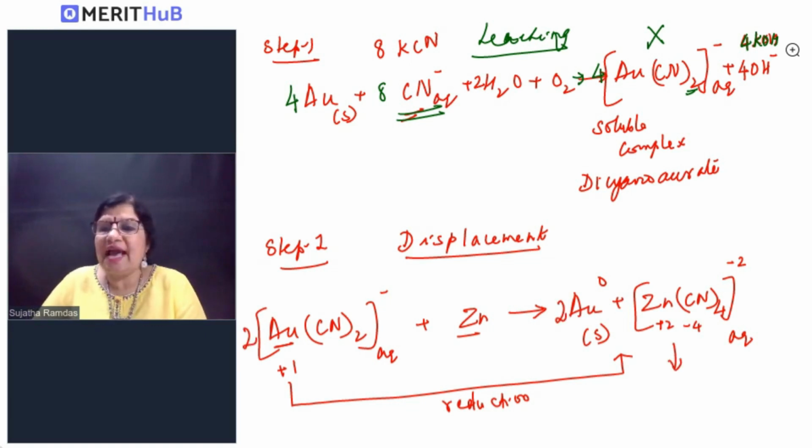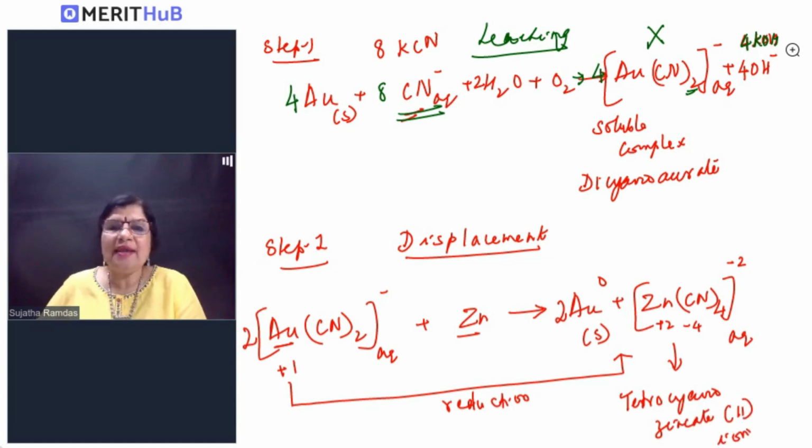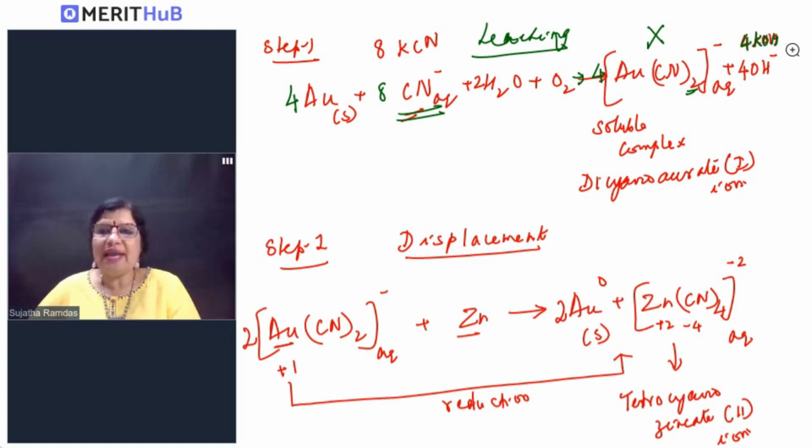So we call this tetracyanozincate 2 ion. The other one would be dicyanoaurate 1 ion. You have learned how to name the complex ions by IUPAC method. So this is what happens, and this is the identity of Y.